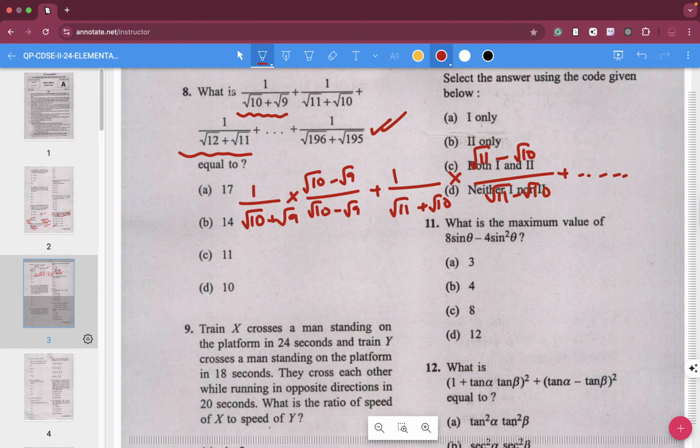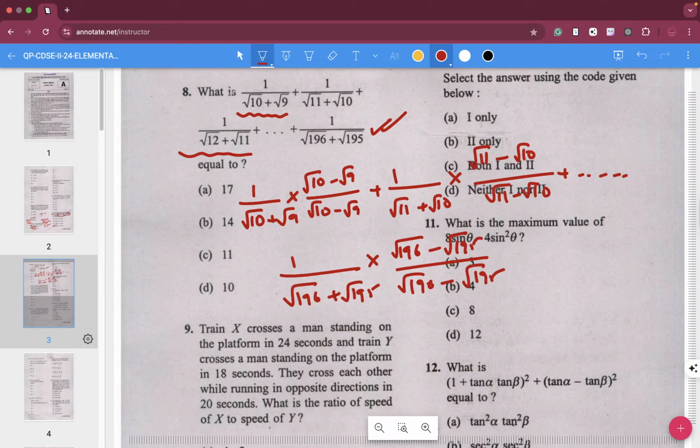Now I am writing for this one: 1 divided by root under 196 plus root under 195. Again I will do factorization, root 196 minus root under 195. Obviously in this kind of question almost everything will get cancelled out. If you look at the denominator, a plus b into a minus b means a square minus b square.